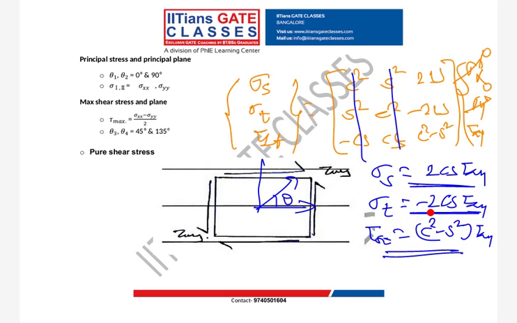What more can I tell? If you have a pure shear case, will you have principal stresses? For the pure shear case also, we can have a principal stress at a point. So you can have a principal plane also. These are the important things here.